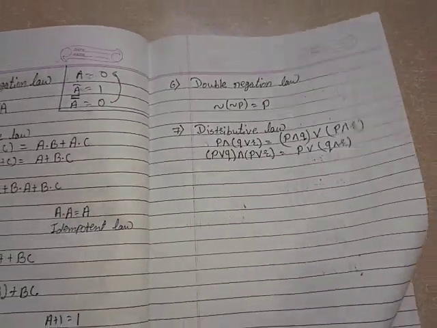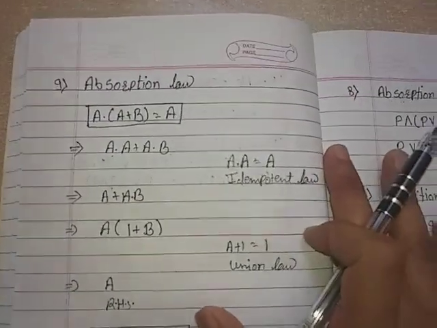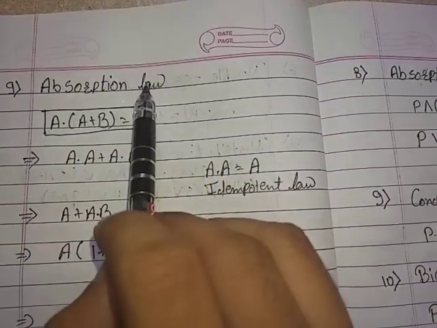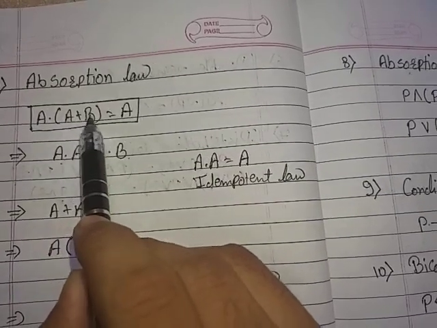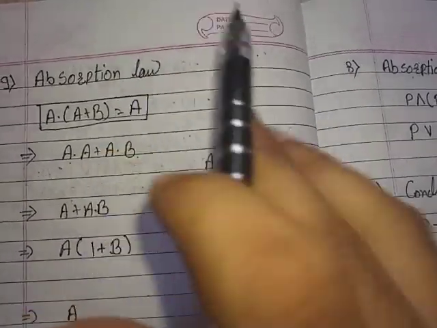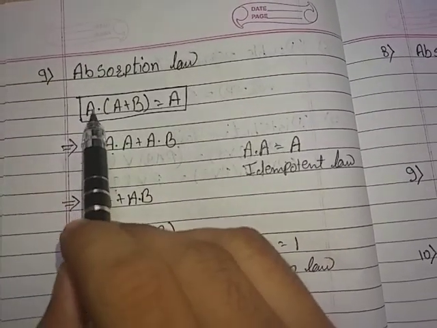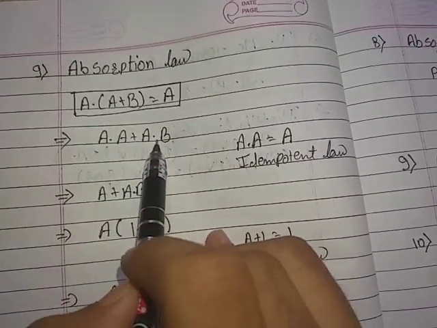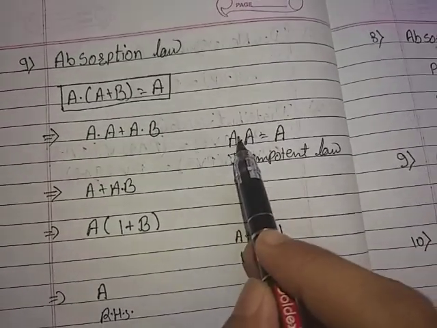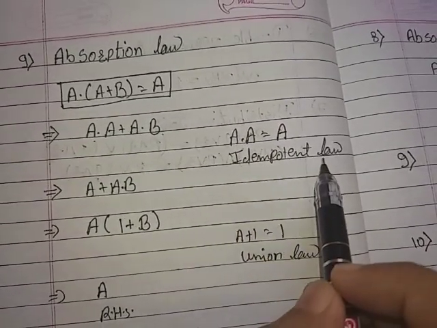Now let's move to the next law, that is absorption law. It states that A dot (A plus B) is equal to A. Now let's see. First we will open the bracket. So it will become A dot A plus A dot B. Now we know that A dot A is equal to A from idempotent law.